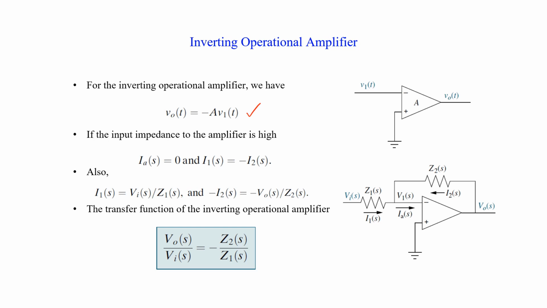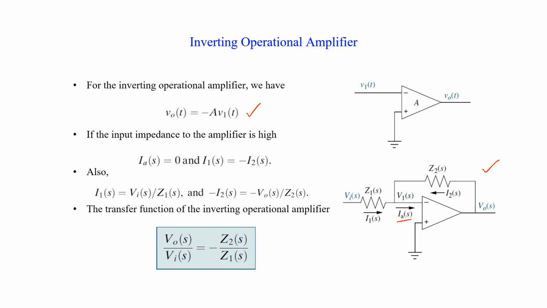So if we connect some impedances in this fashion as represented in this figure below, then we understand that input impedance is too high. So if the input impedance is too high, then this current IA of S will be approximately equal to 0.